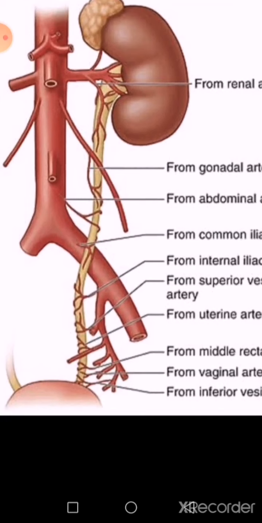Then we have the middle rectal artery. So I'll repeat, superior vesical artery and the middle rectal artery. And these are the very important relations that we must be considering.